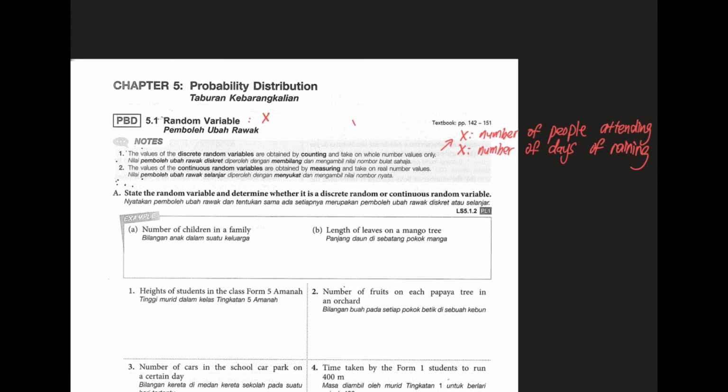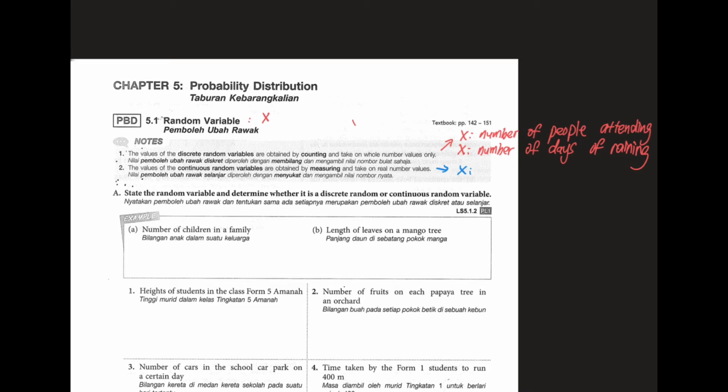Okay, so now let's compare with continuous random variable. Number 2, the values of the continuous random variable are obtained by measuring. So you see, measuring, this is counting, and now this is measuring, and take on real number values. Real number values include decimal, include fractions. So for example, let's say, okay, I use different color for continuous.